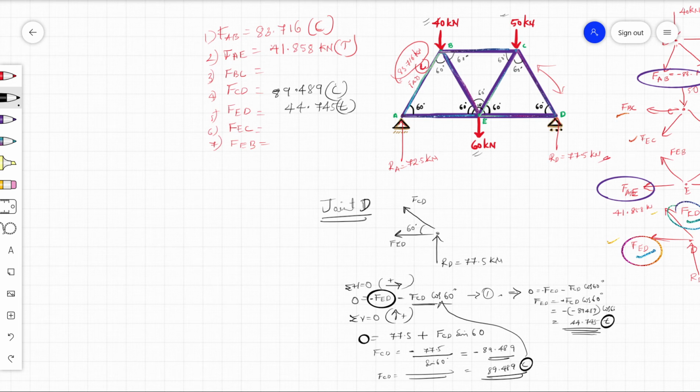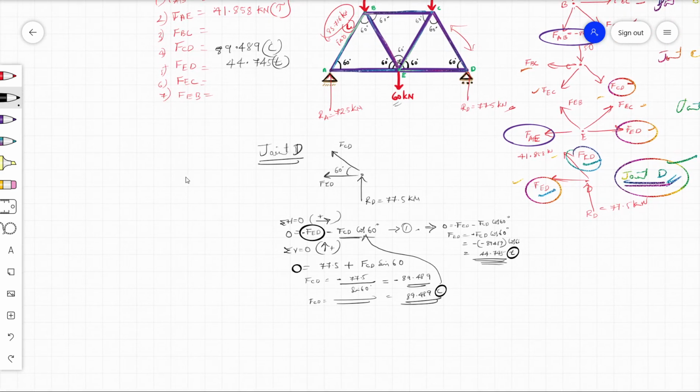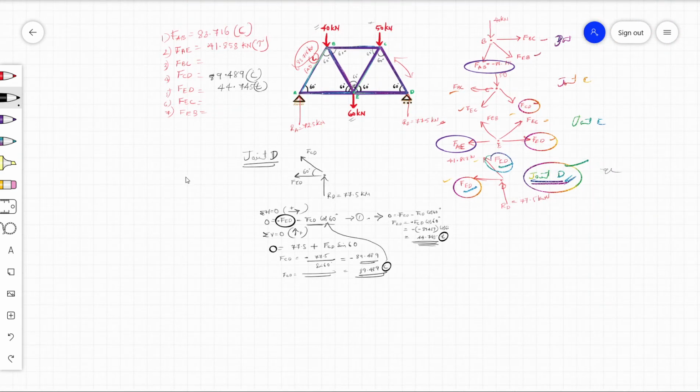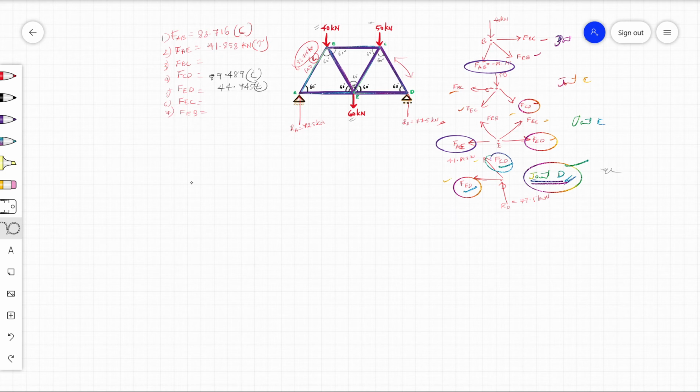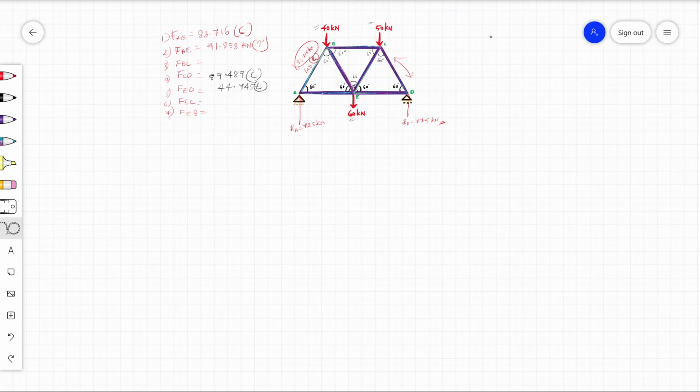Okay, and we have a last thing to do, that is another two joints. Same as this, as this concept is done. What is our next step?